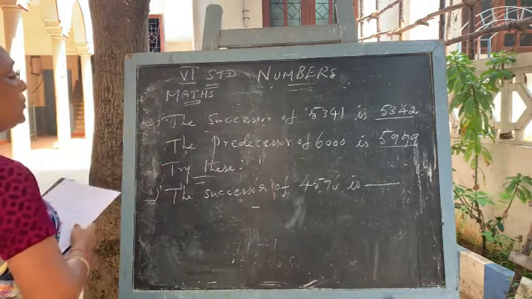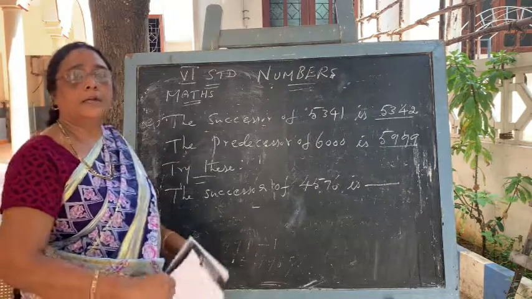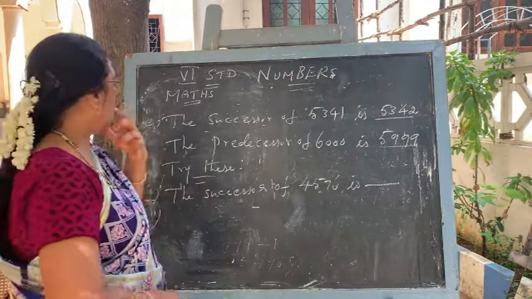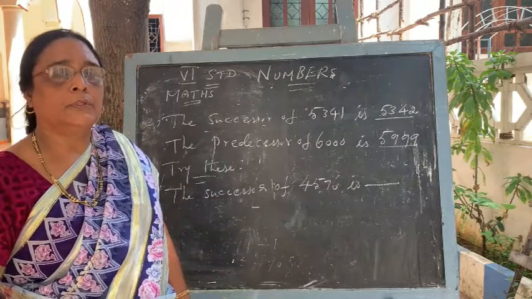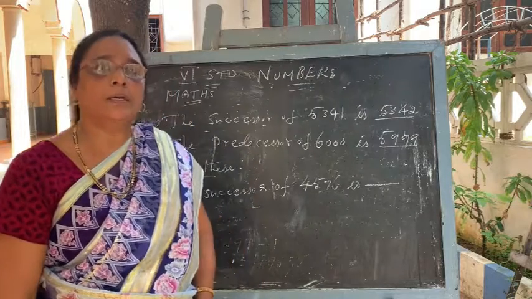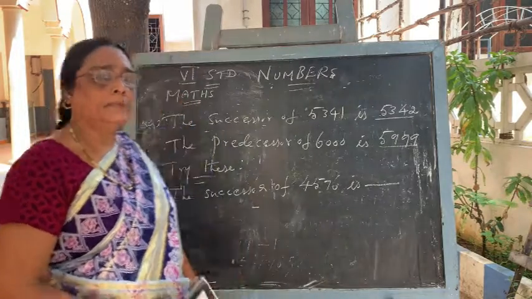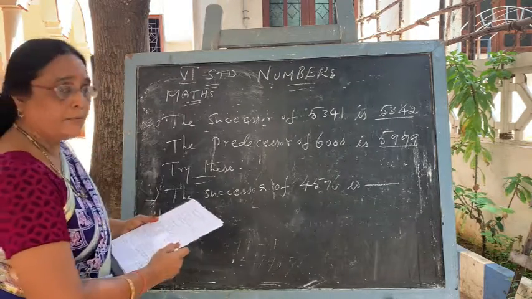All of you take your notebook, put one separate notebook for mathematics and write all these things. Try this in a separate A4 sheet. Do it in the notebook as well as on the A4 sheet. That is used for the activity mark. So you write it, and you have to do it by yourself.